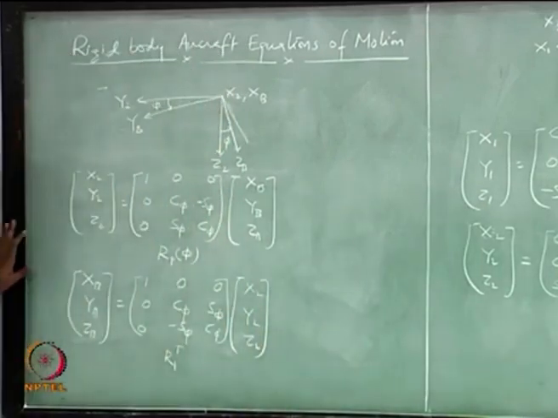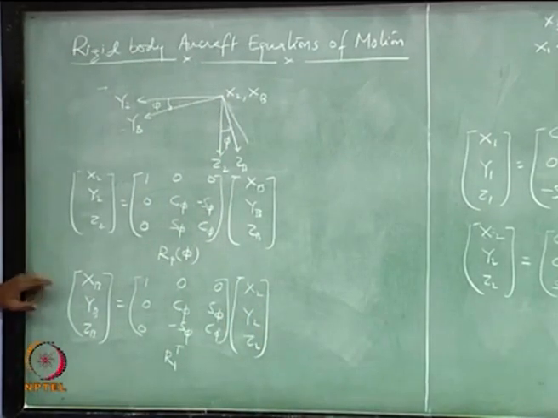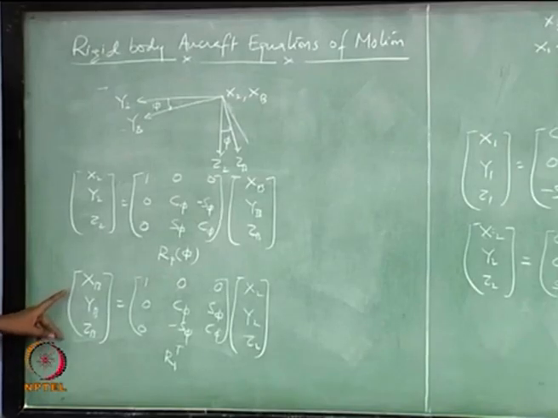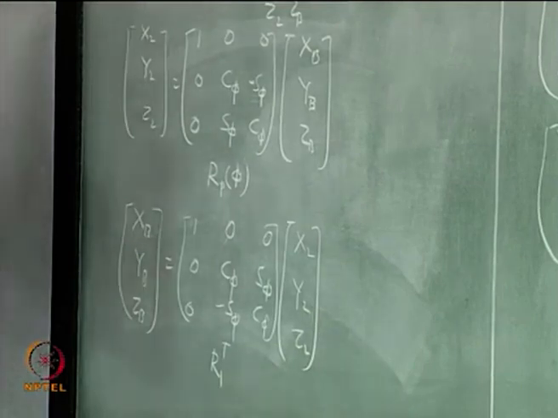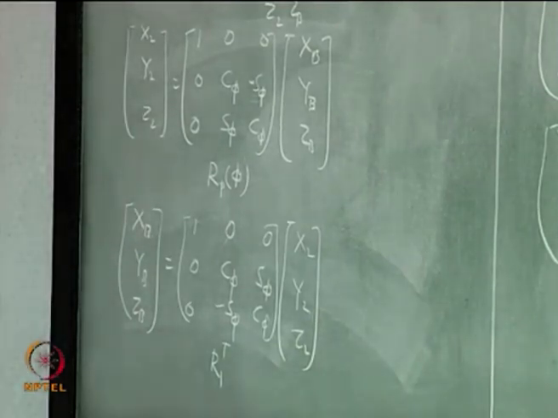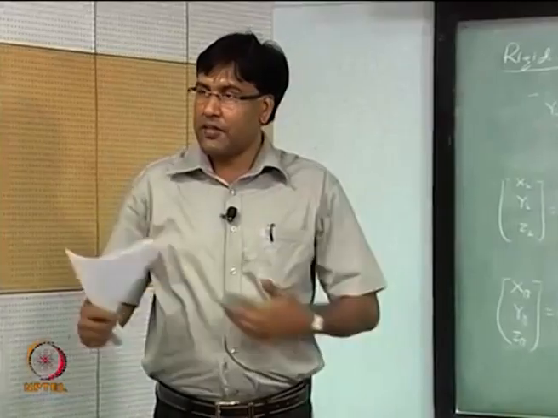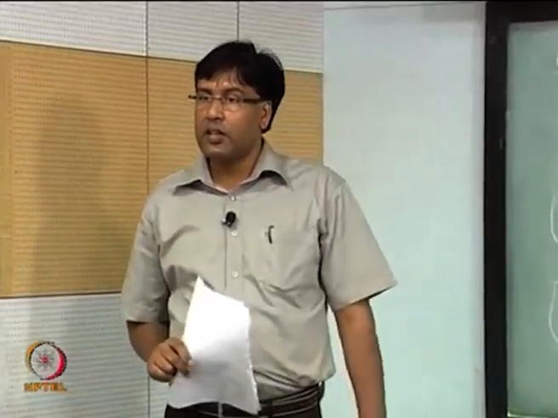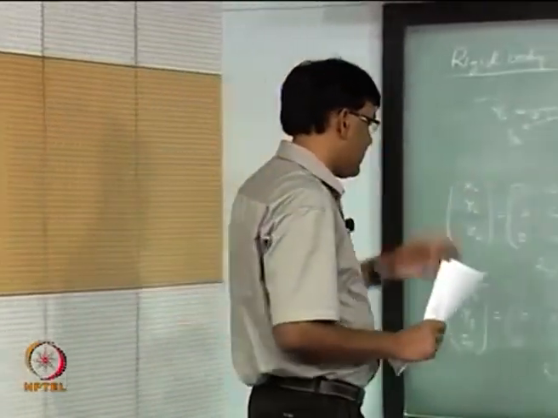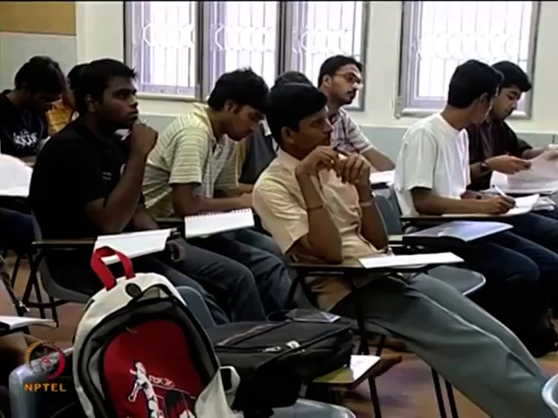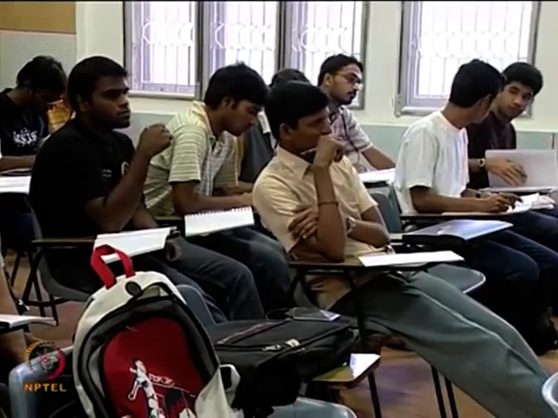Now what I want to find out is the relation between this axis system and the earth fixed axis system, right. That is what is going to give me the relative orientation of the aircraft with respect to the initial frame of reference.